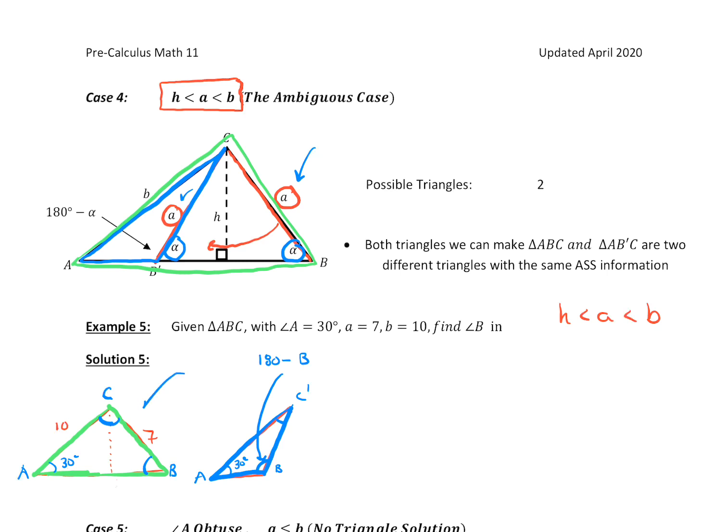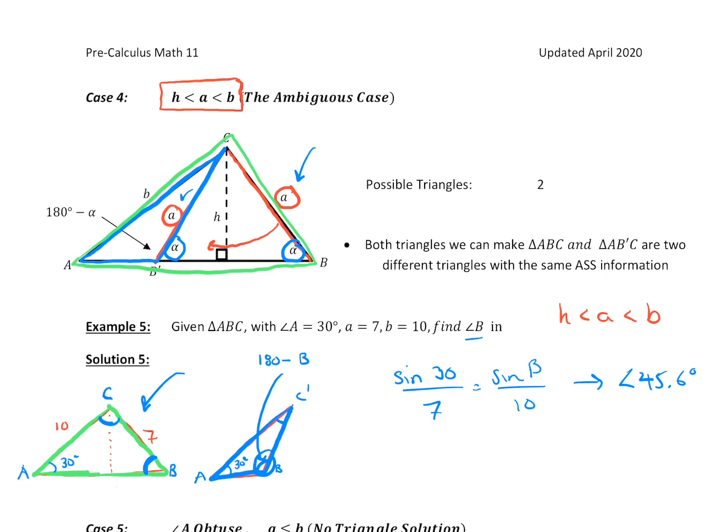Now the good news is, this is relatively easy to figure out for the angle. If you look at the first triangle, all we want to know is what's angle B. We can use the sine law: sine 30 over 7 equals sine B over 10. Then you calculate that out: 10 times sine 30 divided by 7. You get angle B is 45.6 degrees. Obviously this angle here is not 45.6 degrees because it's greater than 90.